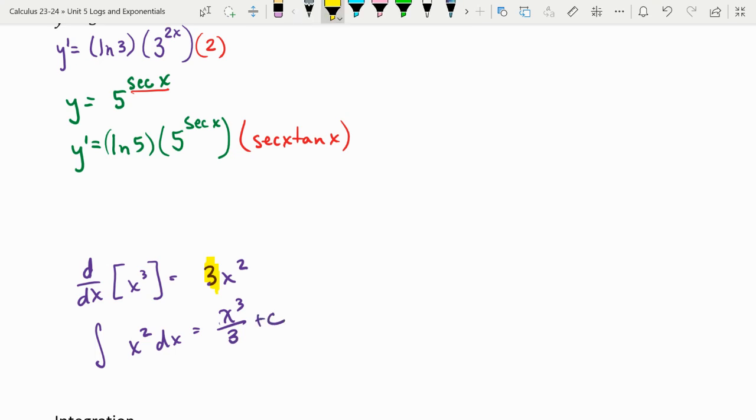I multiplied by 3 in the derivative, so I am doing the opposite when I go the other direction for an integral.